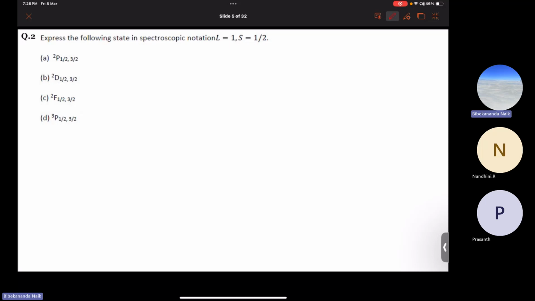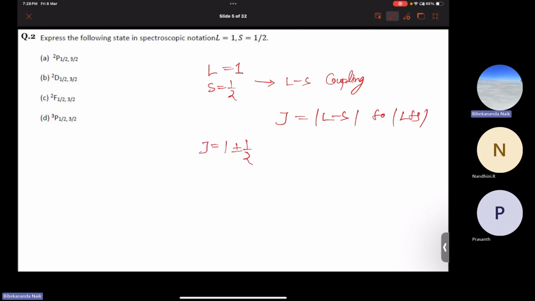We just discussed the same case in the previous question. If L equals 1 and S equals half, then according to the rules of LS coupling, J will go from mod L minus S up to L plus S with one increment, which is the vector addition. So J will be 1 plus minus half, that is 1 minus half and 1 plus half, which is half and 3 by 2.